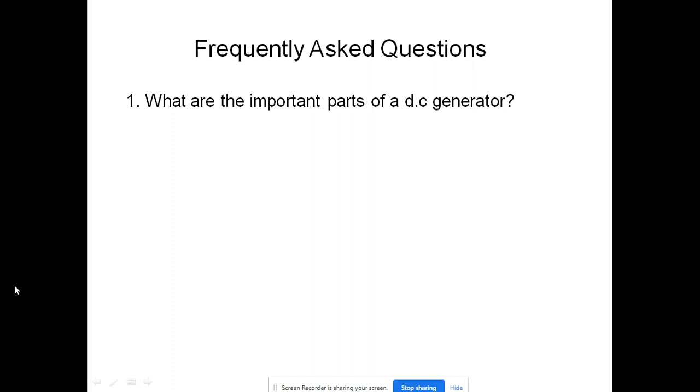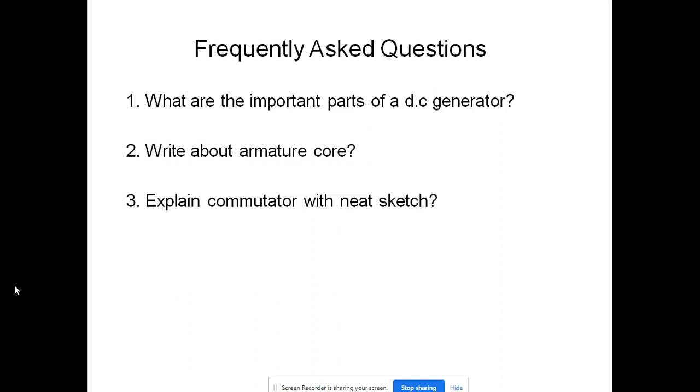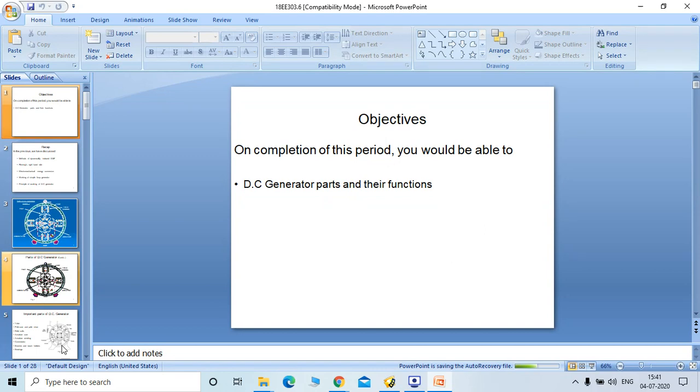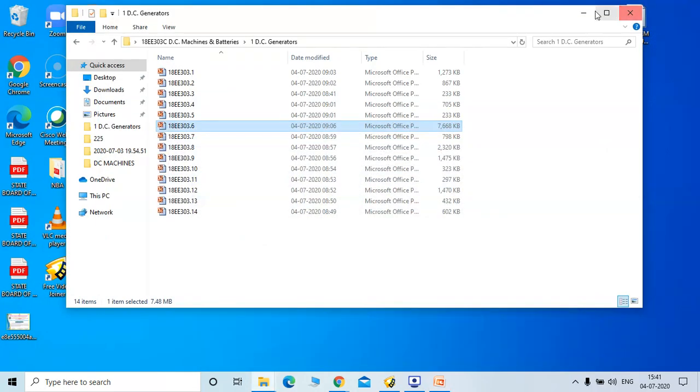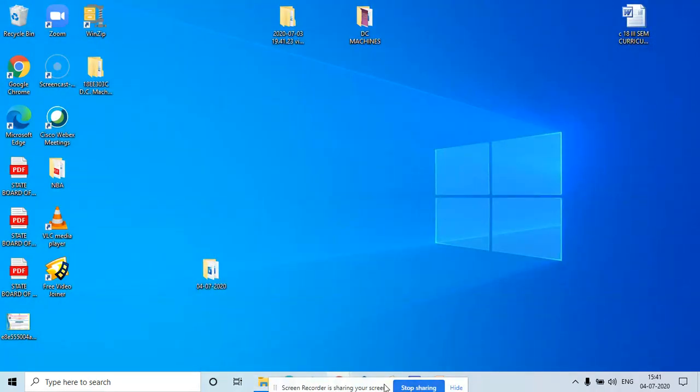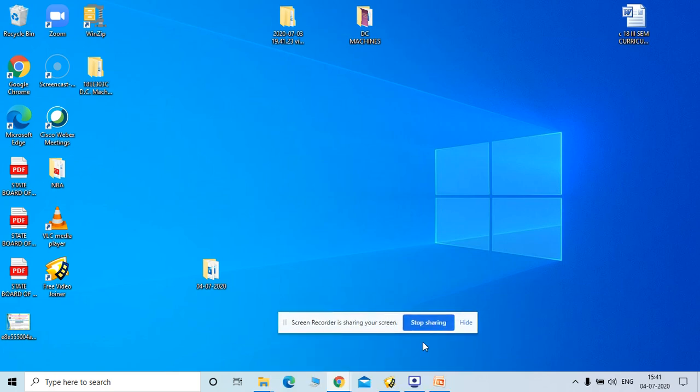In a short question, they may ask to write some parts, or different types of bearings, or the function of the commutator. For long questions: what are the important parts of a DC generator? Write about the armature core, explain the commutator. From this, today we'll be stopping here.